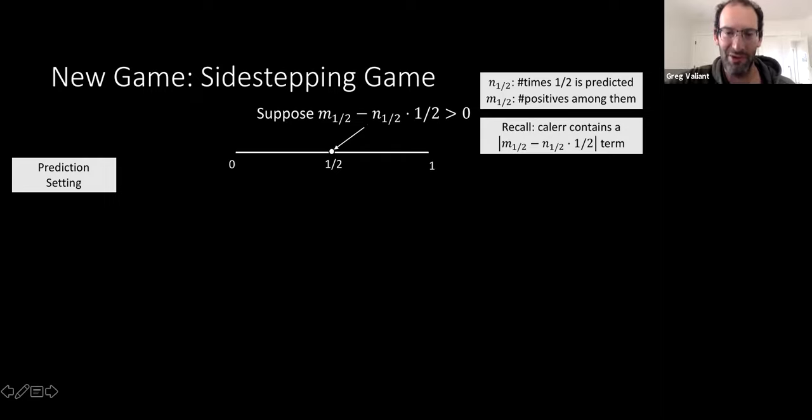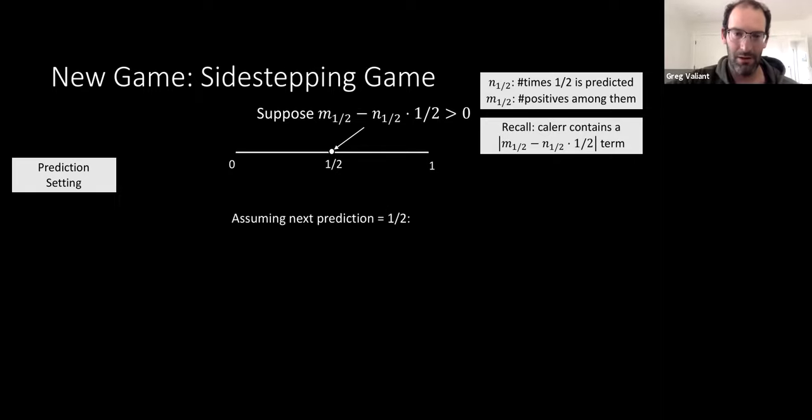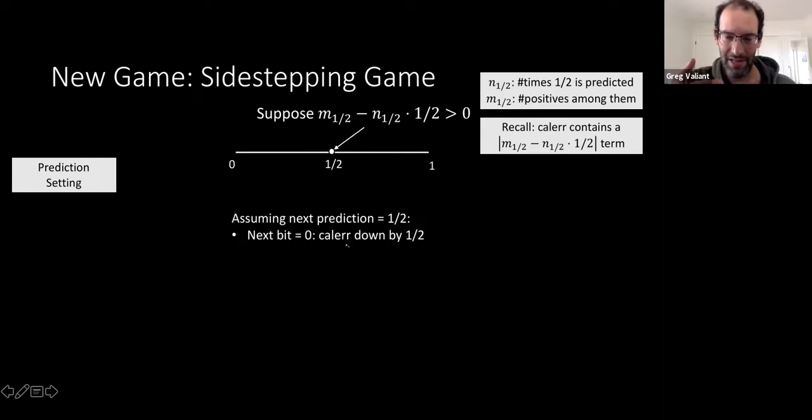So there have been too many ones. That is, m sub a half minus 0.5 times n sub a half is greater than 0. If we're planning to predict a half at the next time step, what would the adversary want to do? If we predict a half and the next bit is a 0, then our calibration error is going to go down by a half, and we'll be happy as a forecaster. If the next bit is a 1, our calibration error is going to go up by a half, and we'll be unhappy as a forecaster.